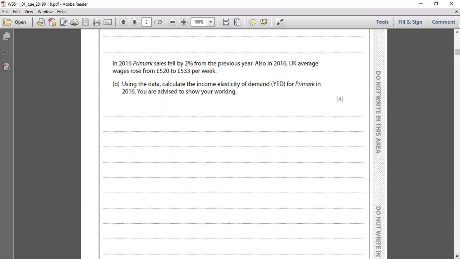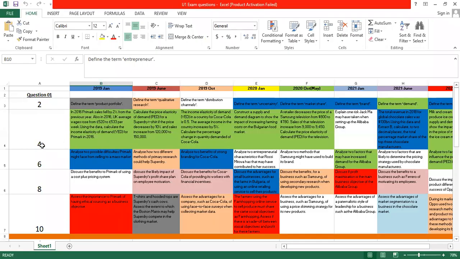If you analyze all the past paper questions, you can see that it is either YED, income elasticity of demand, or PED, price elasticity of demand, or something like that. In the past papers, the question number 2, 4-mark question, in the green sections, are all calculation questions.